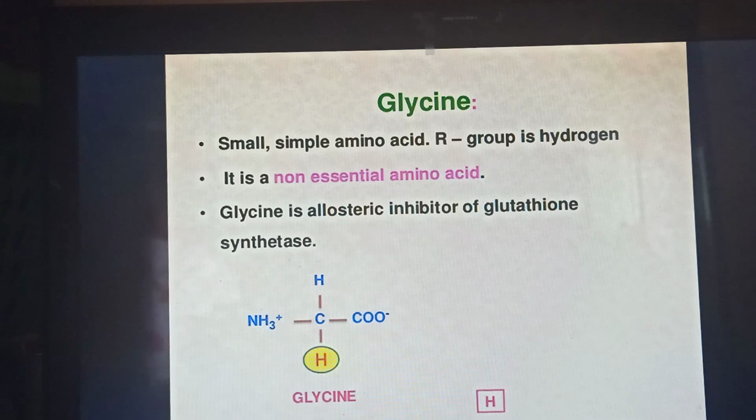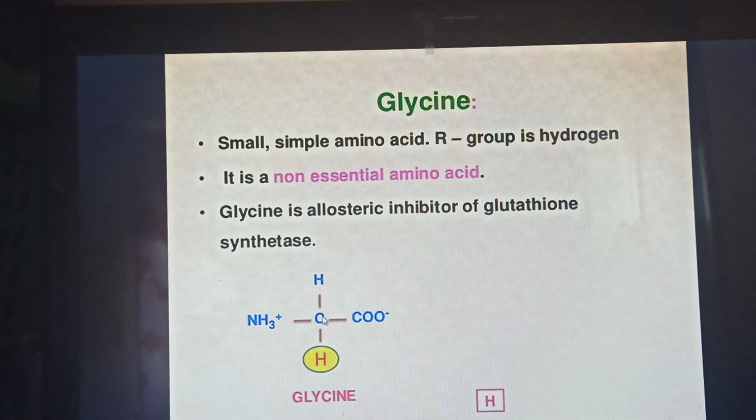The carbon here is attached to an amino group, a carboxyl group, hydrogen, and this hydrogen can be other alkyl groups. So this is the simplest amino acid, where R is H.